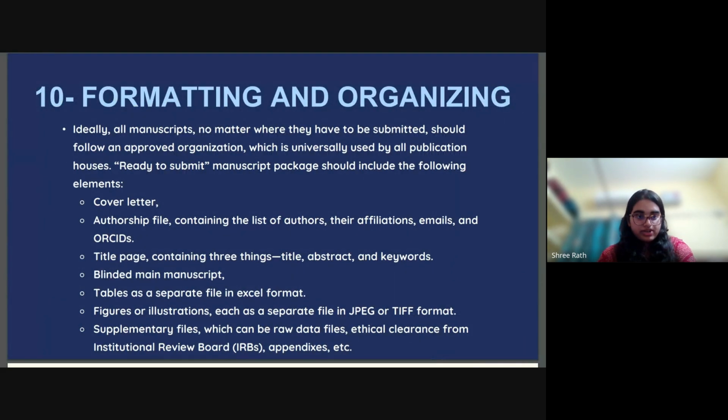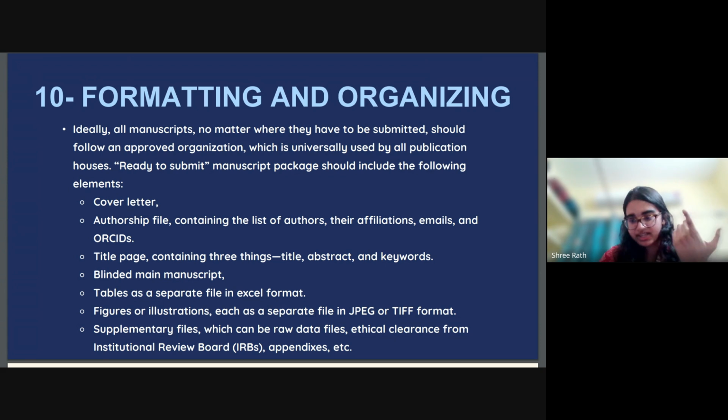So formatting and organizing. This is again completely dependent on your journal in consideration. They have their submission checklist. You go to a journal, to their instructions for authors or submission guidelines, and there you will find the entire list of what they want.